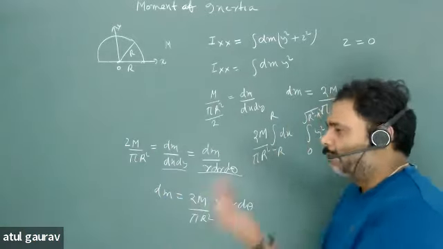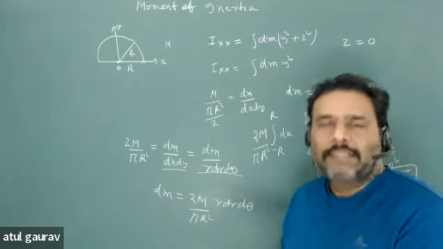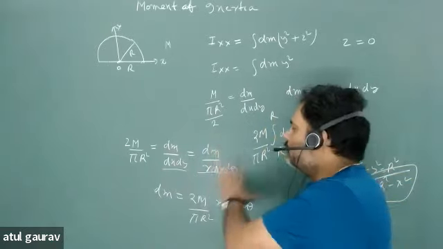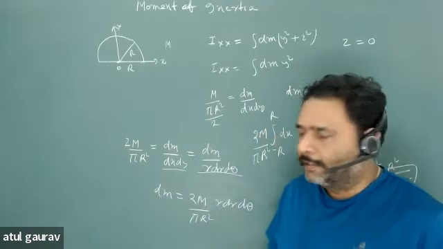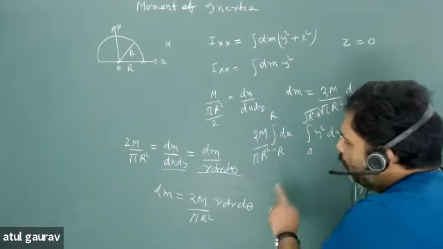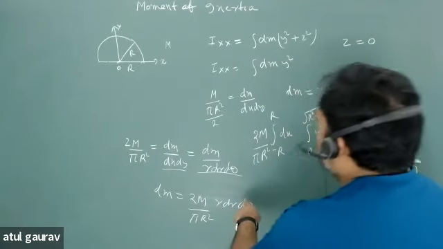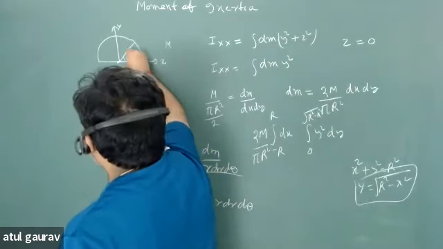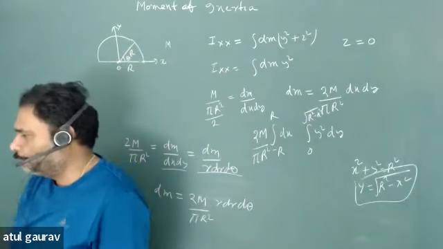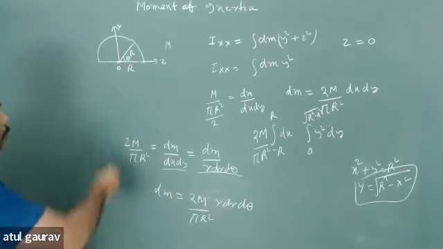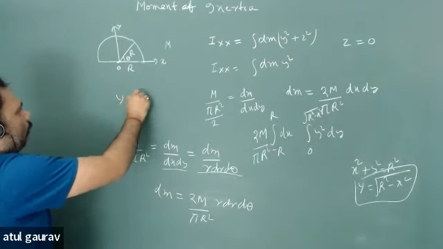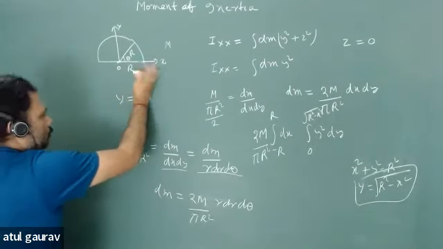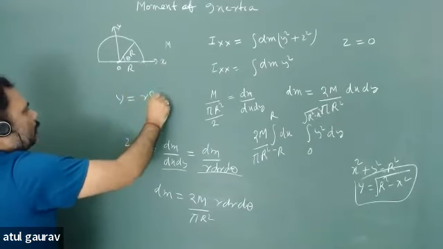Dx into dy can be written as r dr d theta easily. You know, with the help of the Jacobian, with the help of coordinate transformation, with the help of geometry, you can easily write this particular thing. Now look at what will happen when I use this. Then what is y here? I can take theta from the x-axis. Then what is your y? R sin theta. So y will be small r sin theta.